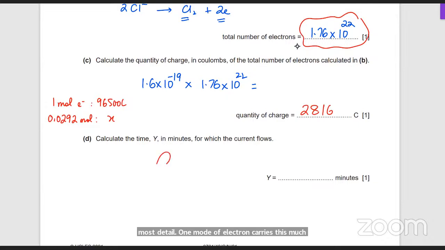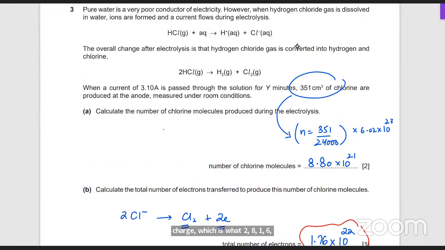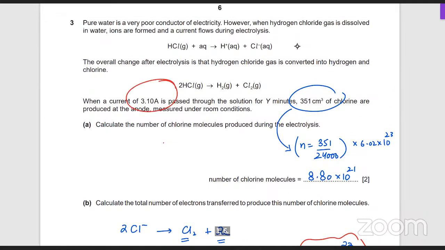So from Q equals I t, you know the charge, which is 2816. What else did you know? The current was given, it was 3.1 amperes.